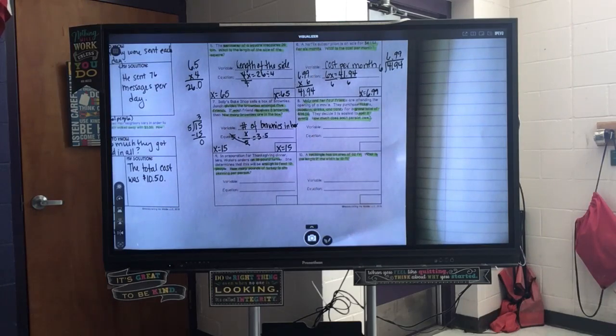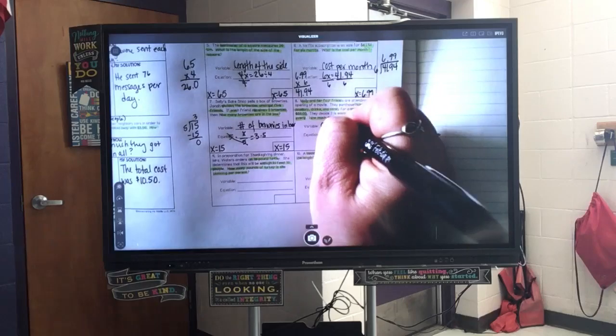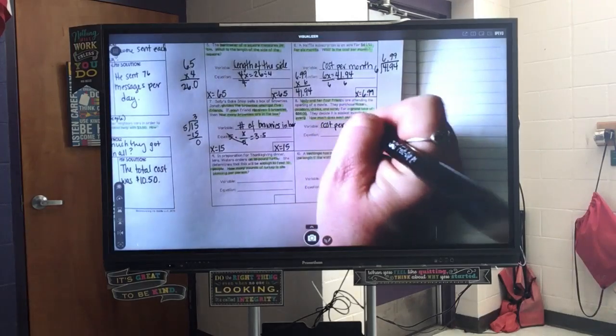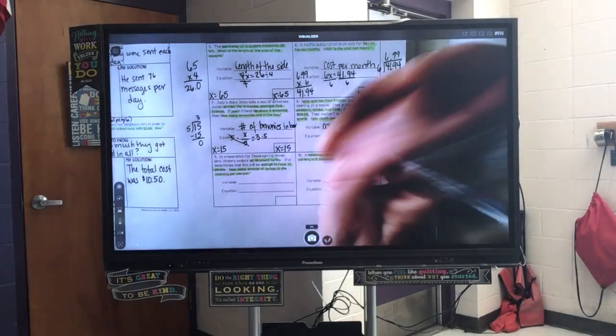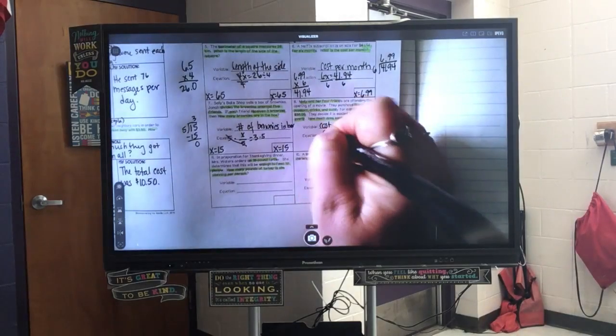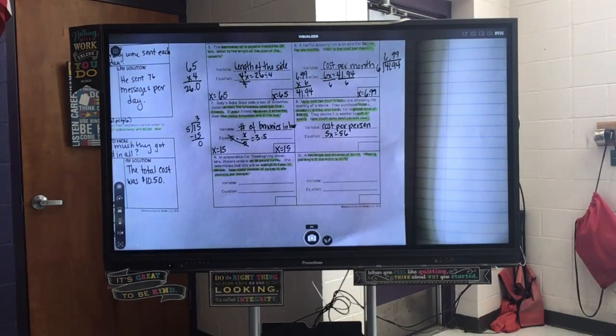So what is our variable? What are we looking for here? Kaylee? Person. And then what does our equation look like? What do you think? Haley? And then if it's multiplication, what do we have to do that is the opposite of multiplication?